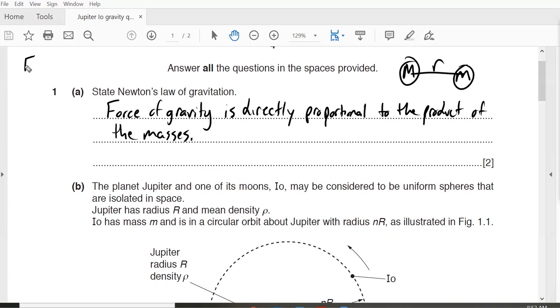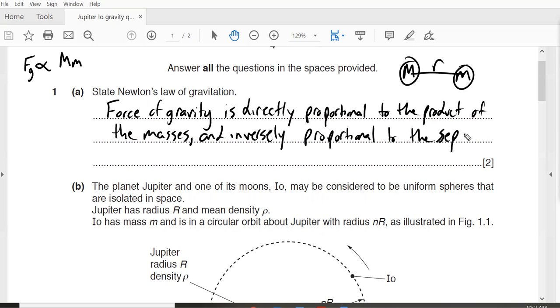We can write this: the force of gravity is directly proportional to the product of the masses, all right? And inversely proportional to the separation distance squared.